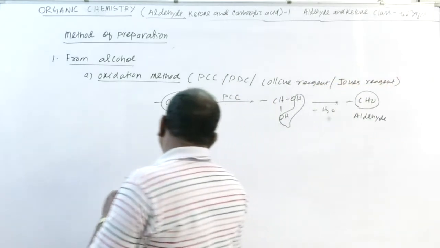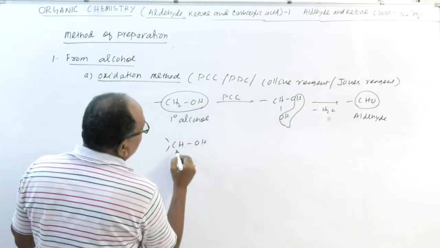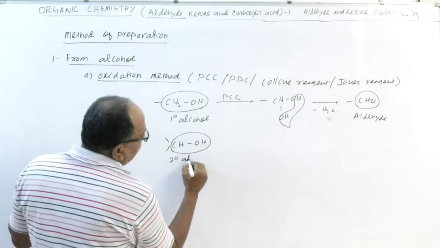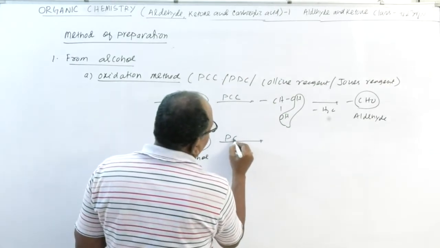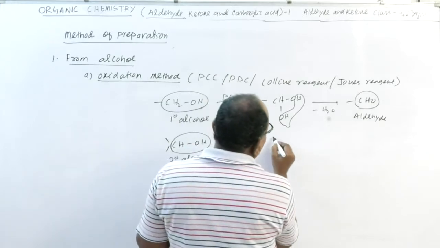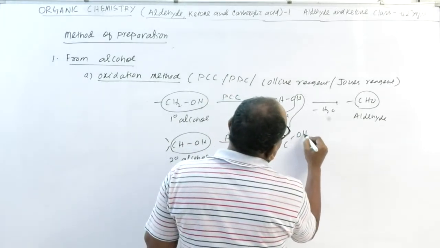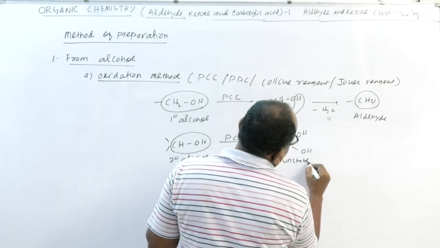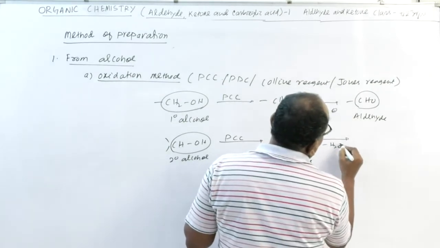If it is a secondary alcohol, this is your what group? CHOH group means secondary alcohol. When treated with PCC, it gives C(OH)2. These compounds are unstable and lose a molecule of water.